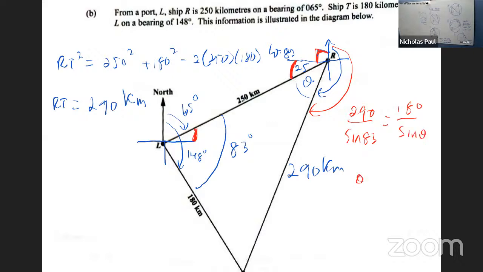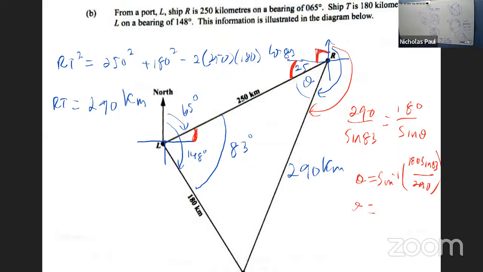Cross multiply, solve for theta. So that'll be sine inverse of 180 sine 83 over 290. How much did you get for theta? 34.